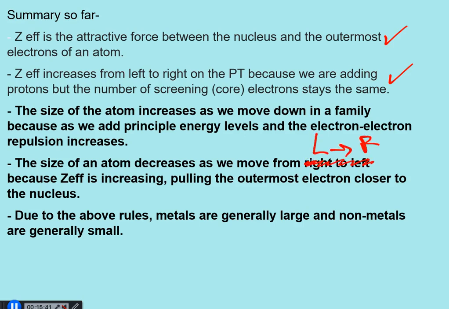It decreases as we move from left to right because Zeff is increasing, pulling the outermost electrons closer to the nucleus. Due to the above rules, metals are generally large and nonmetals are generally small. Good enough? That's the summary of everything you should know from Chapter 7 so far.